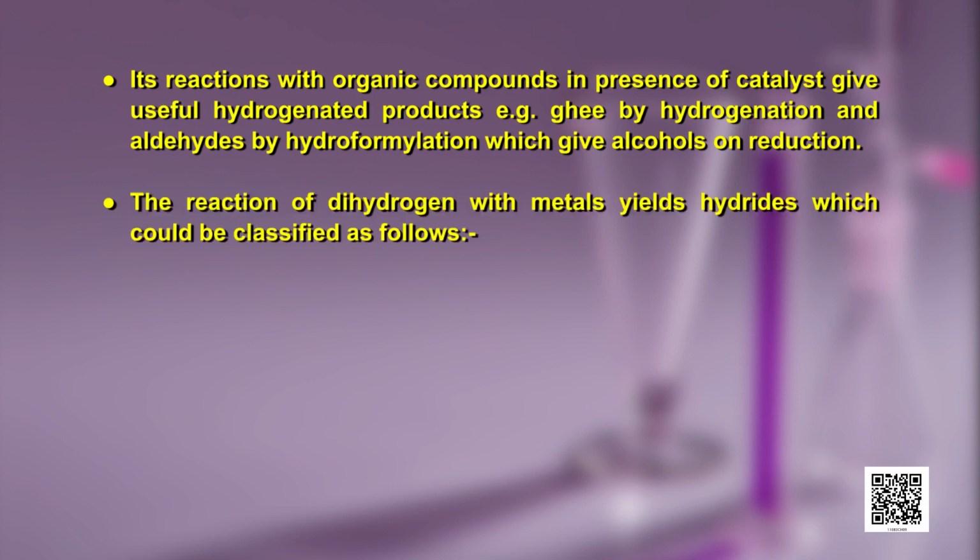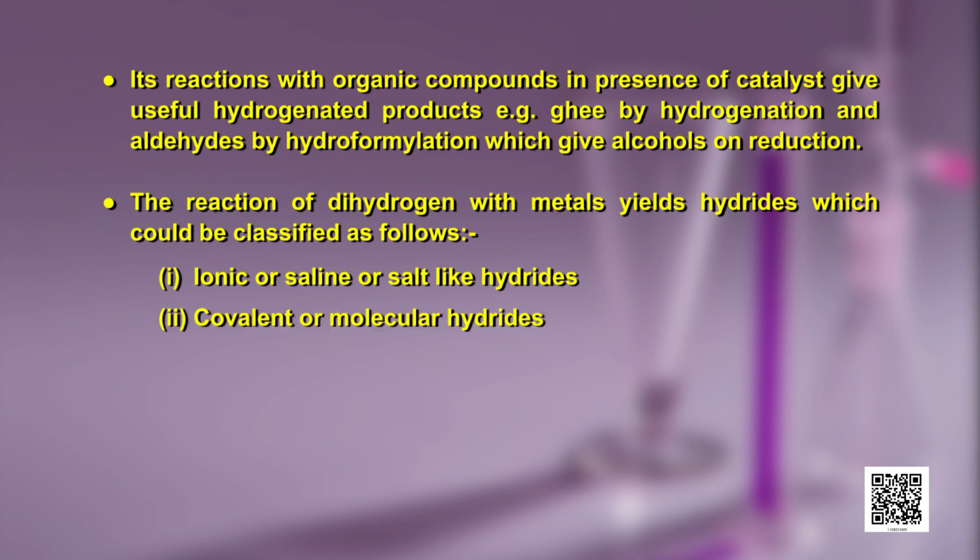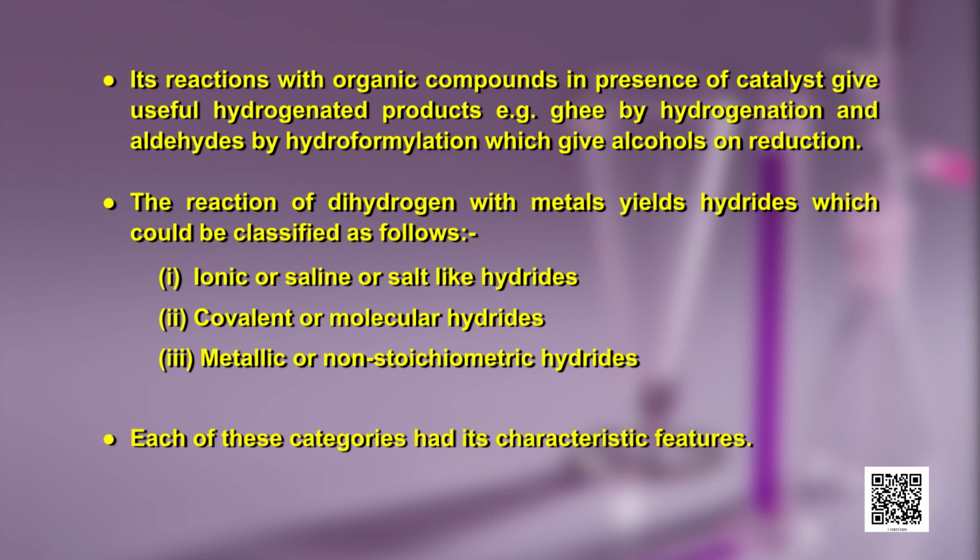The reaction of dihydrogen with metals yields hydrides, which could be further classified as ionic or saline or salt-like hydrides, covalent or molecular hydrides, and metallic or non-stoichiometric hydrides. Each of these categories had its characteristic features and reactions.